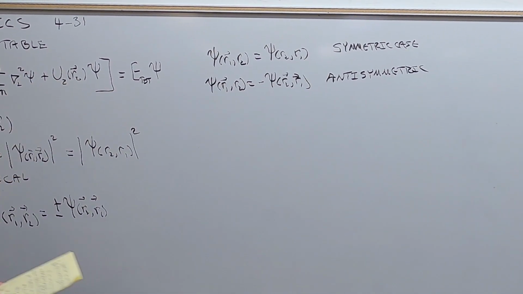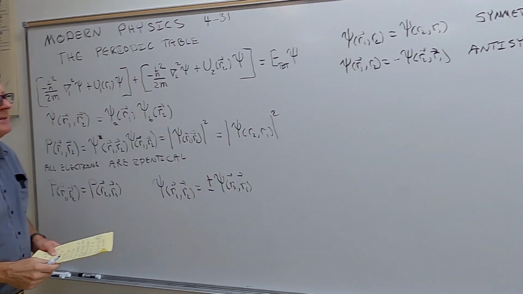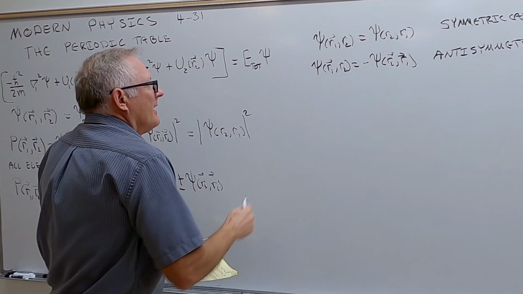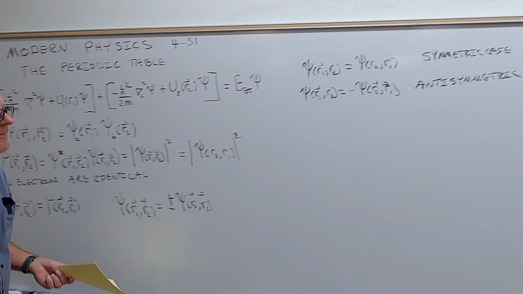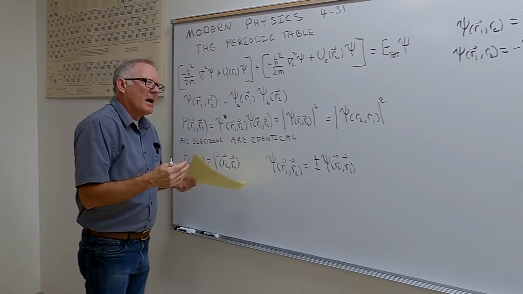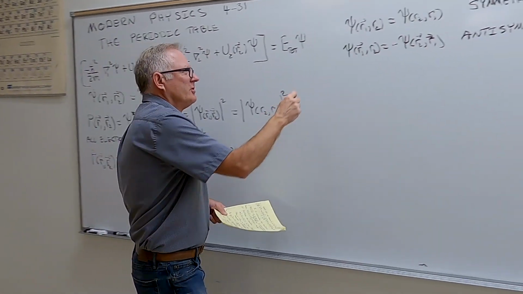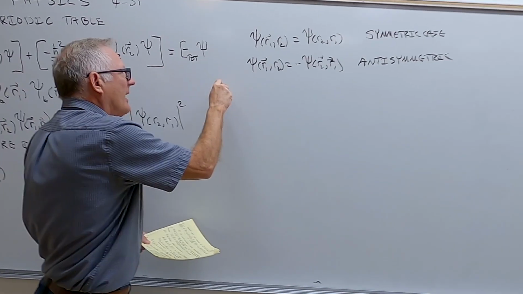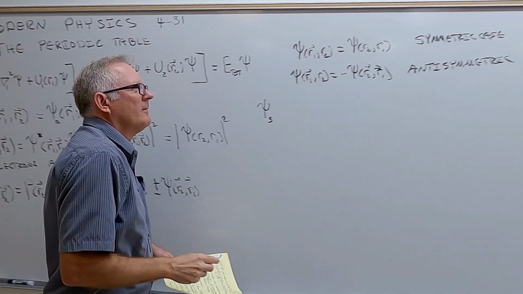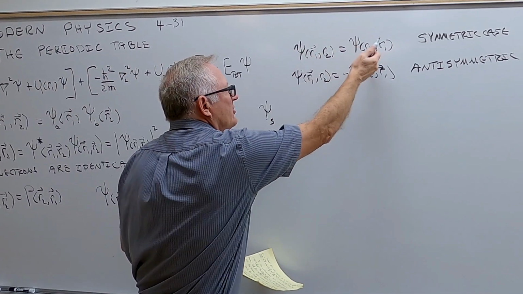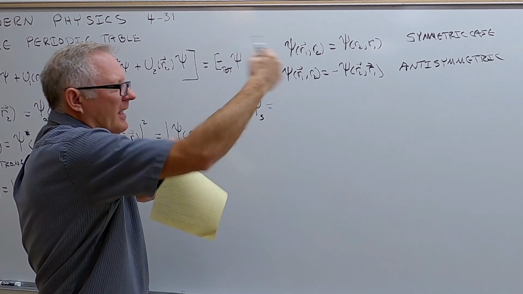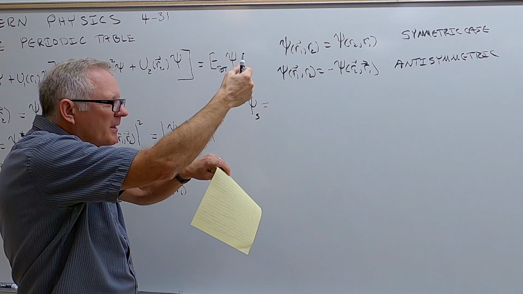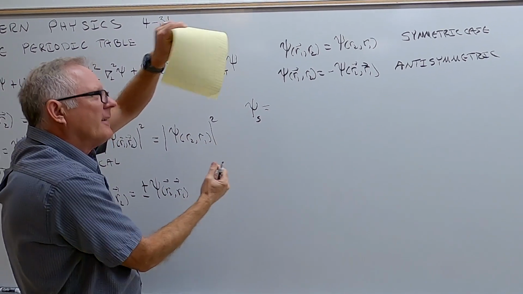Okay. Well, for the symmetric one, if this is a solution and that's a solution, I have to combine the two to get the general solution. So psi for the symmetric would be a combination of these two right here. It could be either one. Electron A could be here, electron B could be there, or B could be here and A could be up there.